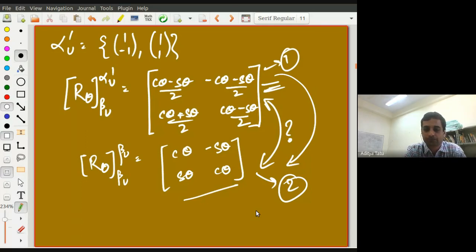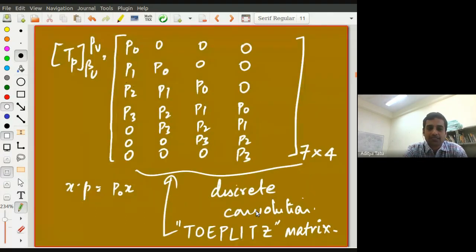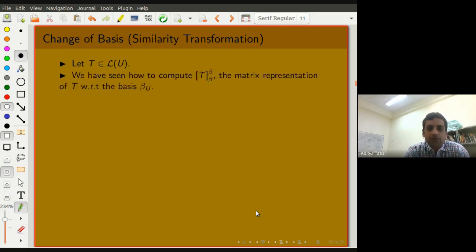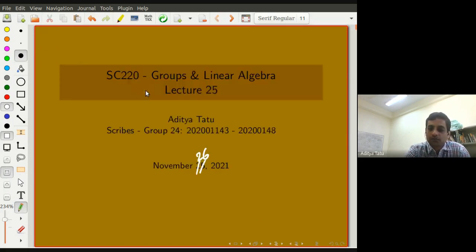Yes. Okay, so let's get started with the first question. Let's say I have a linear operator T, which is an element of L of U. We have seen how to compute its matrix representation in a particular basis. There's a typo here; let's just stick to beta.